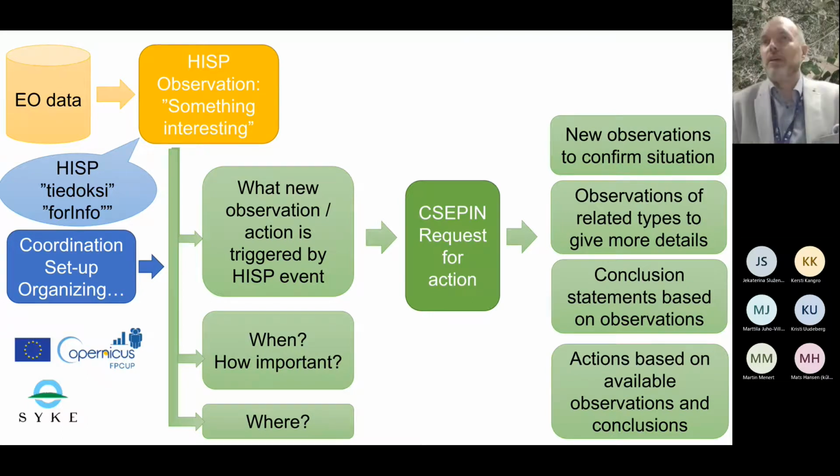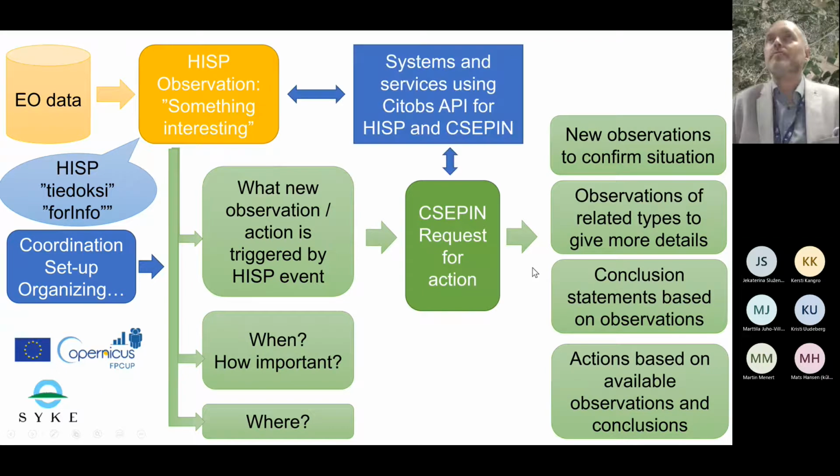And one could want to ask the local observers for information on things that they have seen on location, and this is what we call a CSEPIN service, a crowdsourcing service for phenomena of interest. And this is the topic of the remaining part of my presentation.